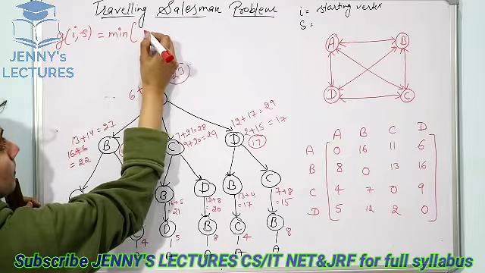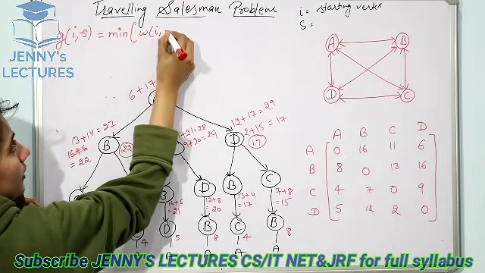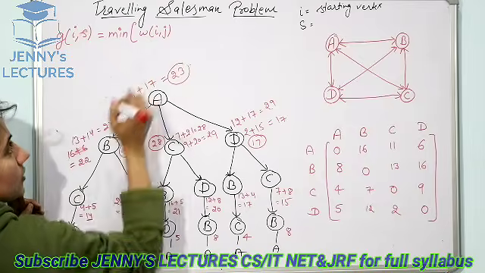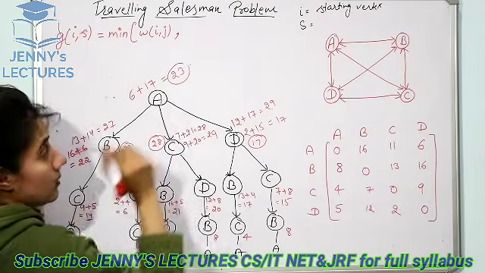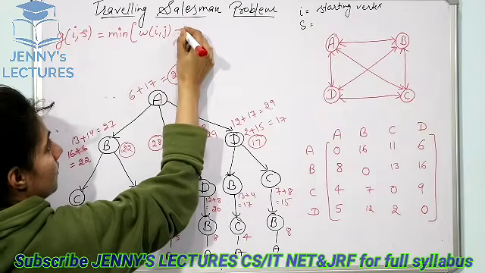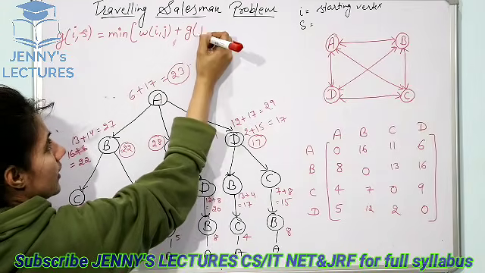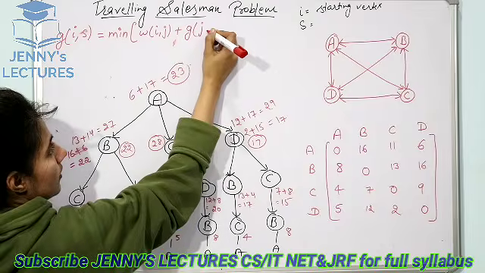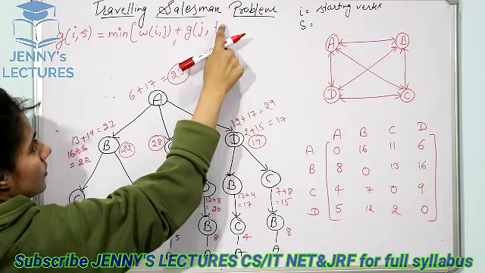Minimum of the weight from the starting vertex I to some other vertex J, that is weight of I and J, plus G of J, and now here what would the set be?